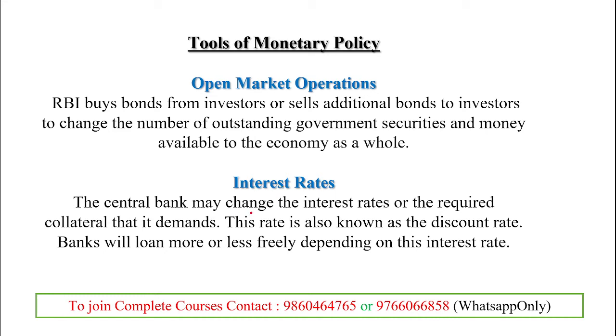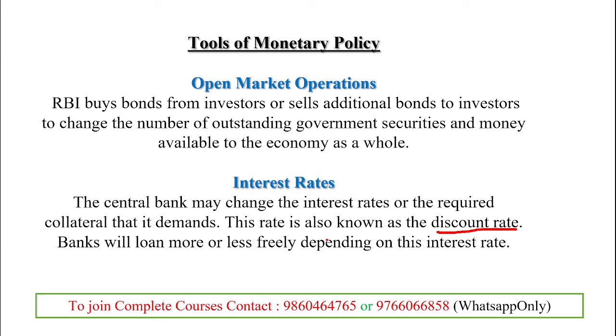The central bank may change the interest rate or the required collateral that it demands. The rate is also known as the discount rate. So the discount rate or the interest rate will regulate the money supply in the economy. So banks will get loans more or less freely depending on this interest rate.